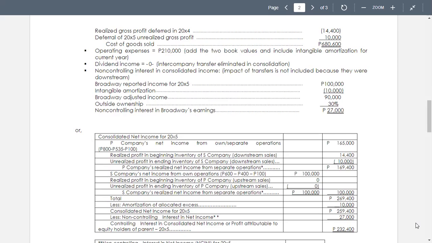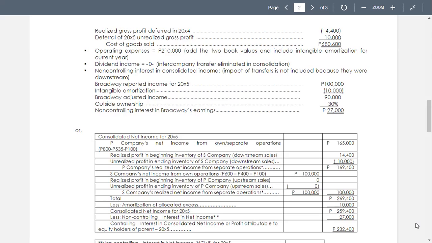The total is 269,400. We deduct amortization of allocated excess. Now, it is being amortized at the rate of 10,000 per year. So we now get the consolidated net income for 20x5 of 259,400.